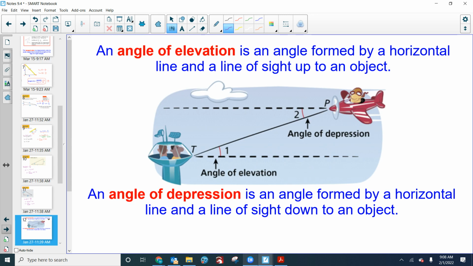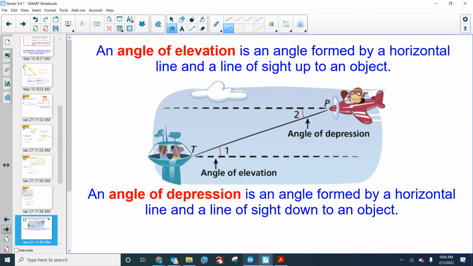I know. All right. Angle of elevation or an angle of depression? So I think I've kind of alluded to this in the past, how trigonometry is used in real life all the time.